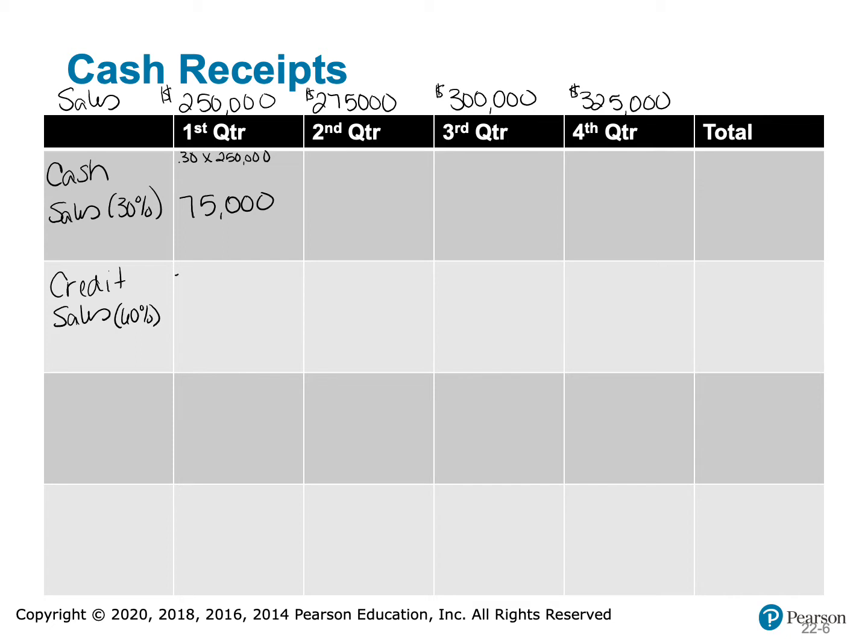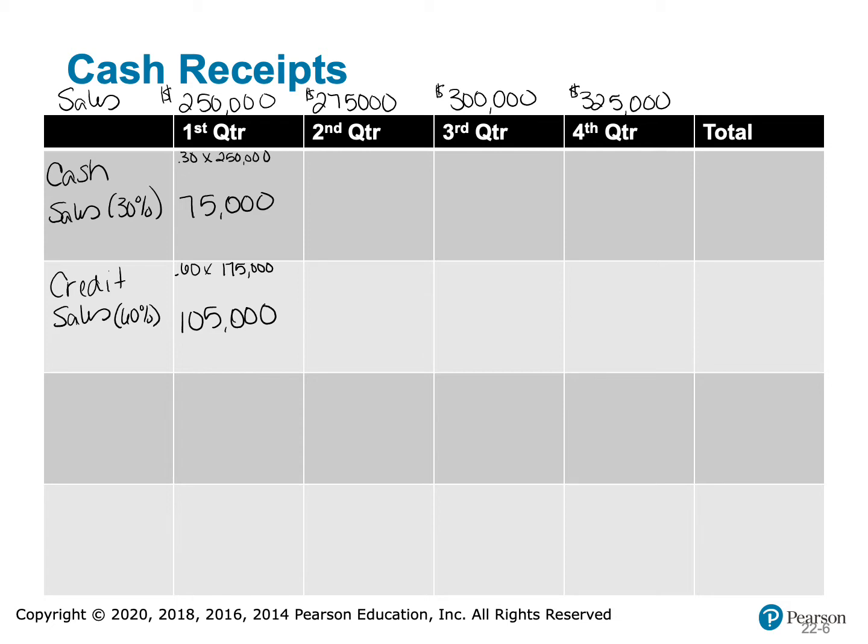So in this case, that would be 60% of the 175, the credit sales. So 60% of 175,000 is $105,000.